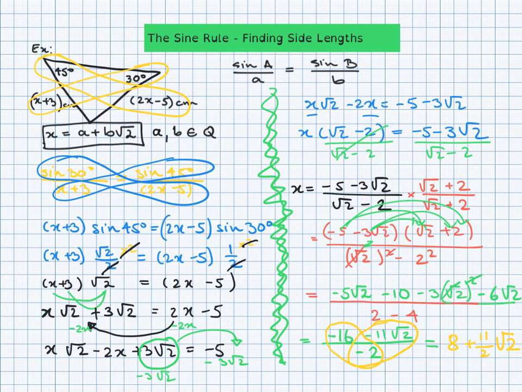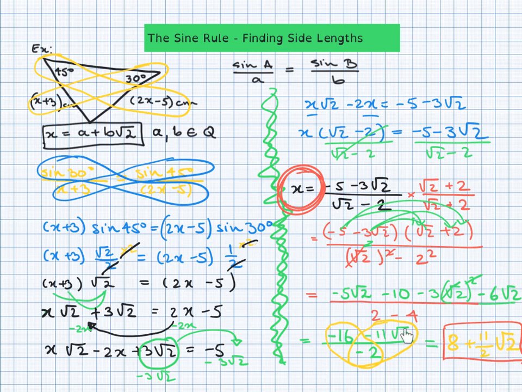Now, hola, what we actually got here is a long journey. So our x is equal to 8 plus 11/2 √2.